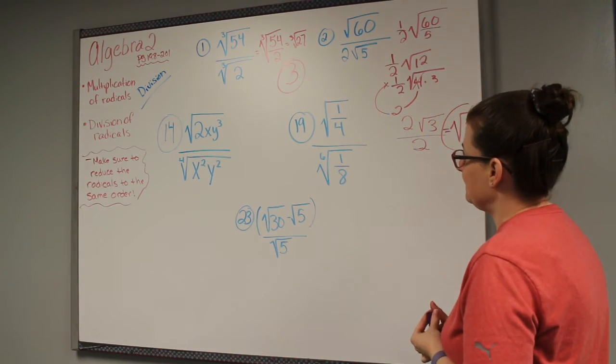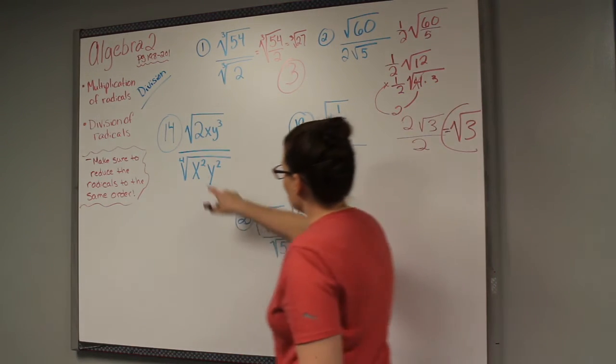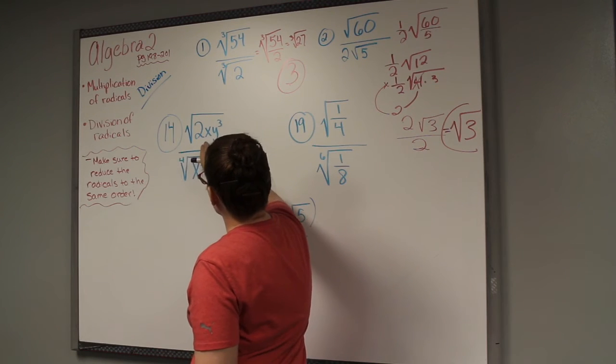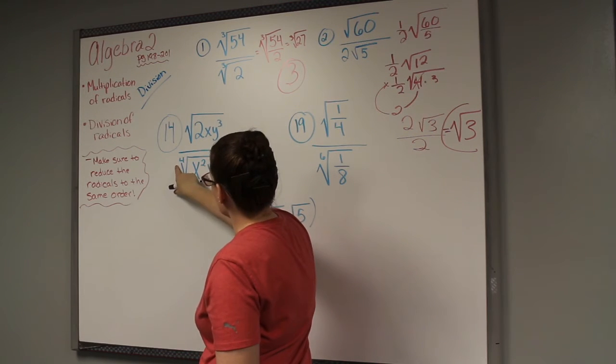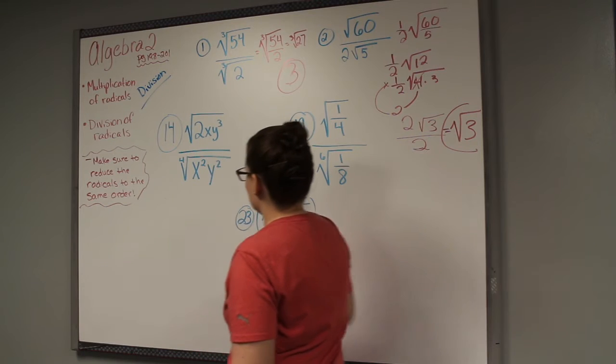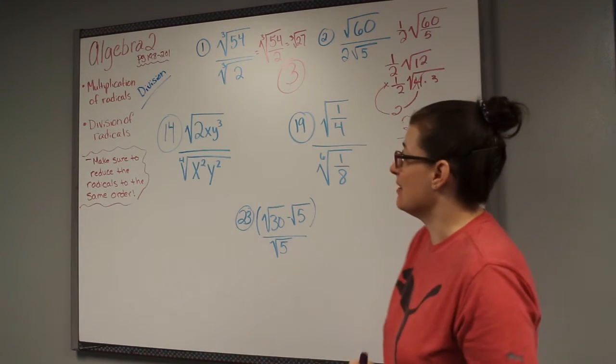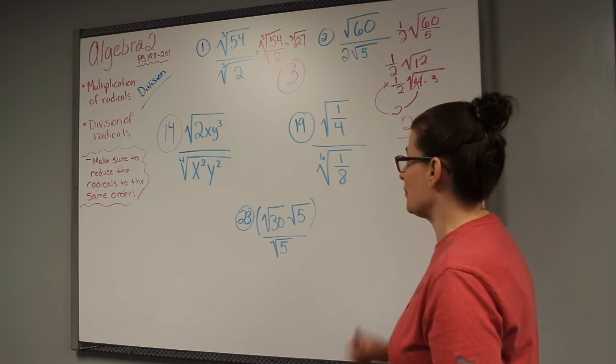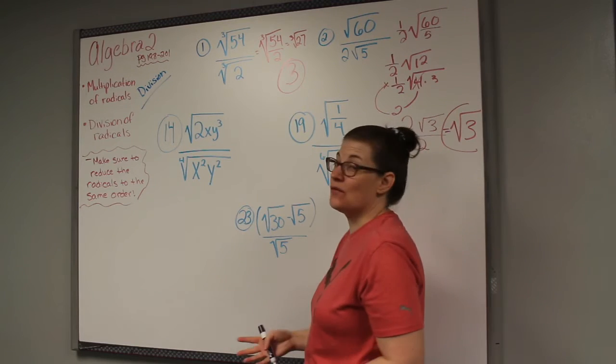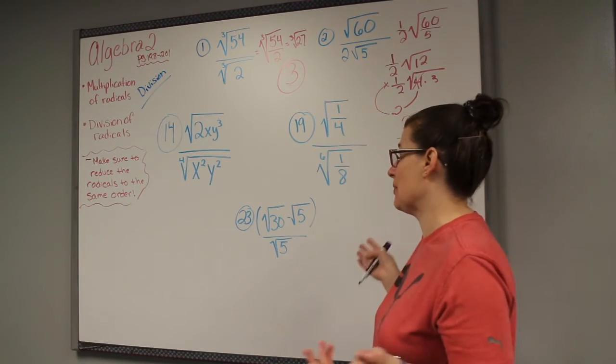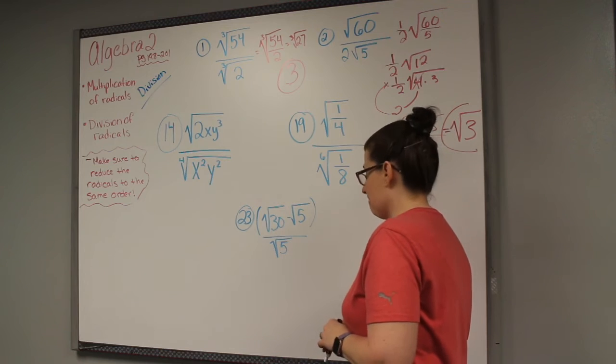On 14, I have the square root of 2xy cubed and the fourth root of x squared y squared. So they're not in the same order. So I need them to either both be fourth roots, both be square roots, or both be some roots. Okay, excuse me.